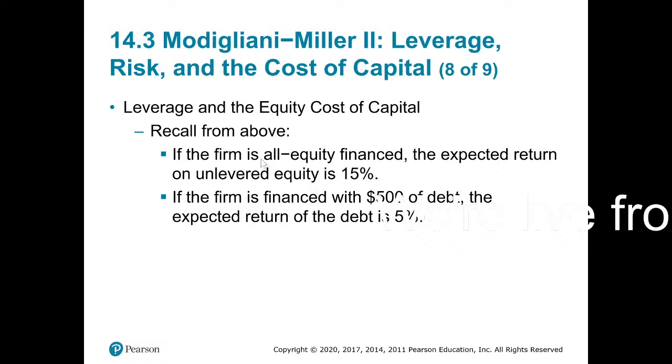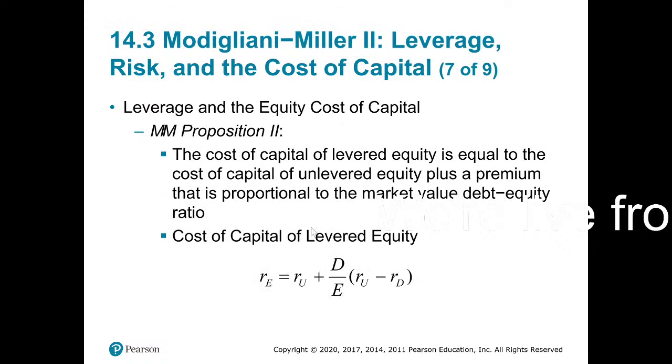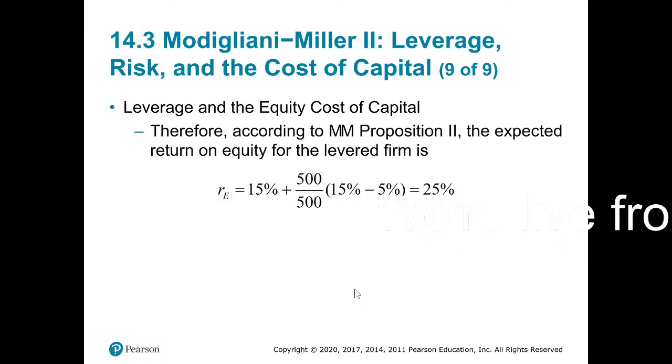So if the firm's all equity financed, it's 15%. So what's the RE for leveraged? So it must be higher than 15%, right? How much higher? You can put this in and do the calculation here, 25%.